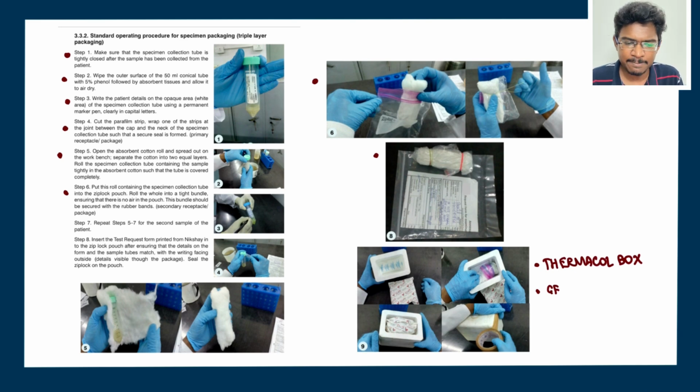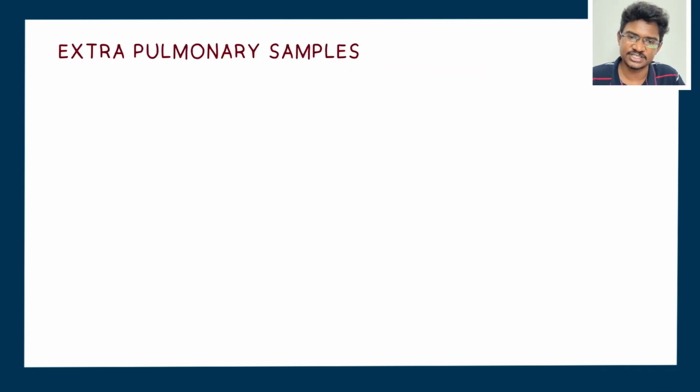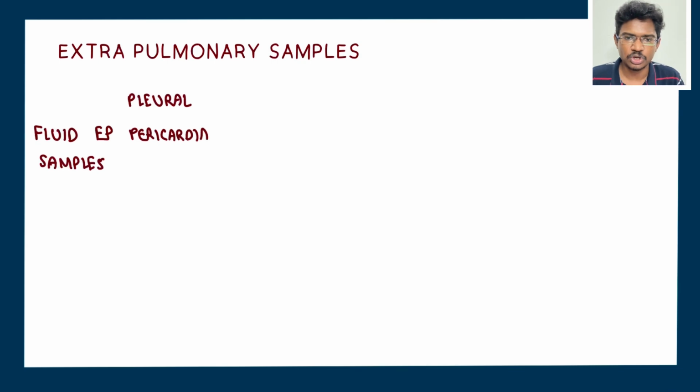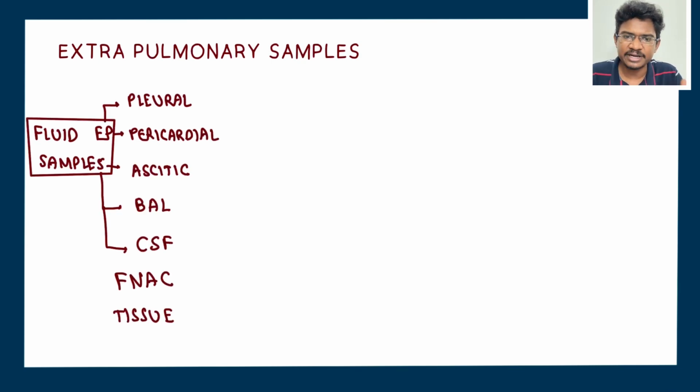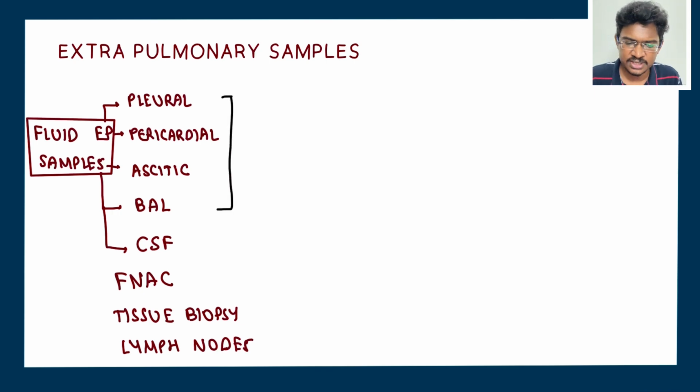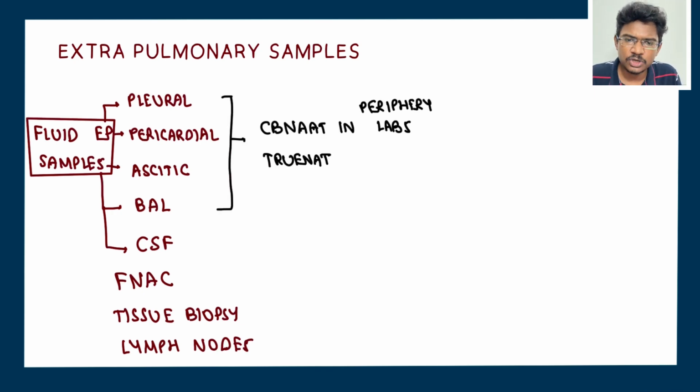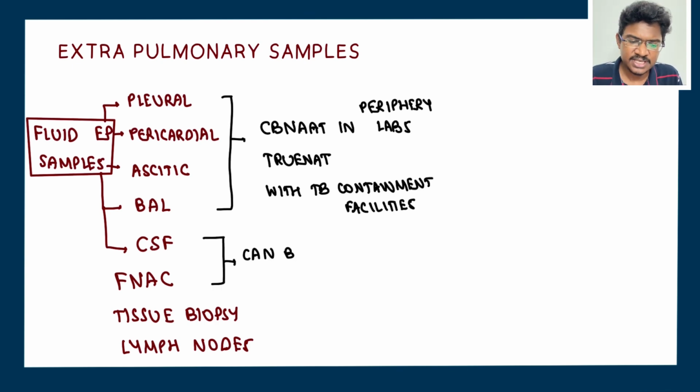Next, extrapulmonary samples. What are extrapulmonary samples? Fluid samples like pleural fluid, pericardial fluid, ascitic fluid, BAL, CSF, and FNAC, tissue biopsy, and lymph nodes. All these are possible. Among these, for all extrapulmonary fluids, better to go for CBNAAT first line in peripheral labs, or TrueNAT if TB containment facilities are available. CSF and FNAC are precious samples.